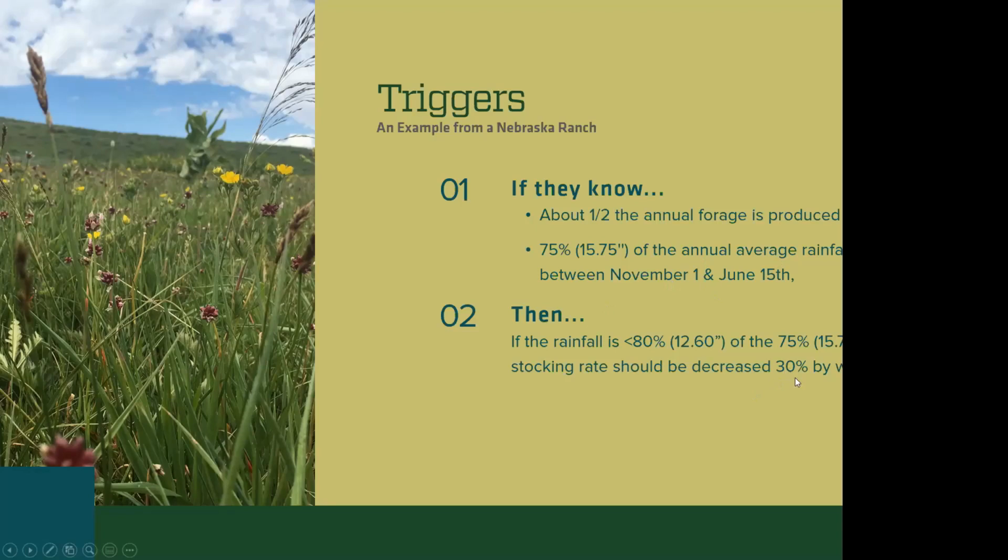In their case, they have decided if it's less than 80% of that 75% that they should receive during that period, they'll decrease their stocking 30% by weight. Now again, not necessarily applicable, and looking out in 2021, this particular example wouldn't give us that much early warning. It wouldn't give us early action, right? But it's an example of how they tie conditions to management action.